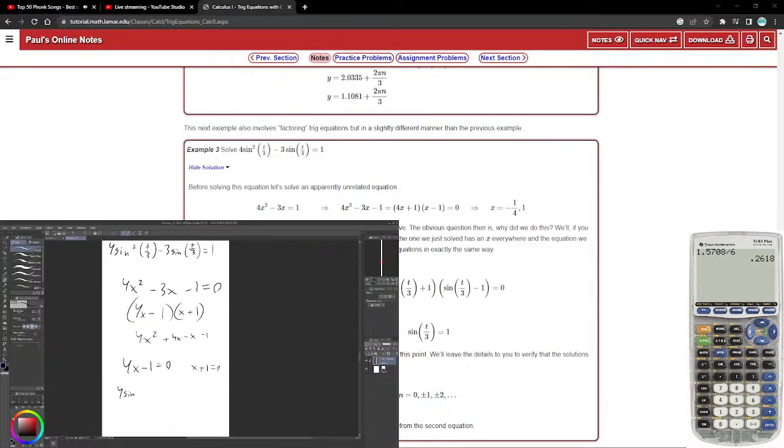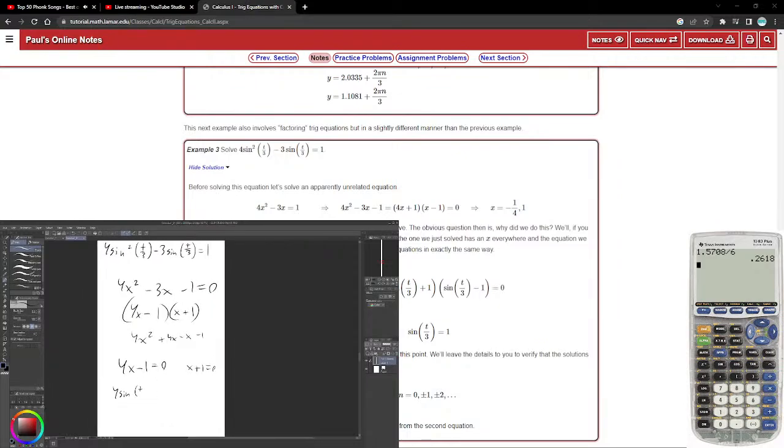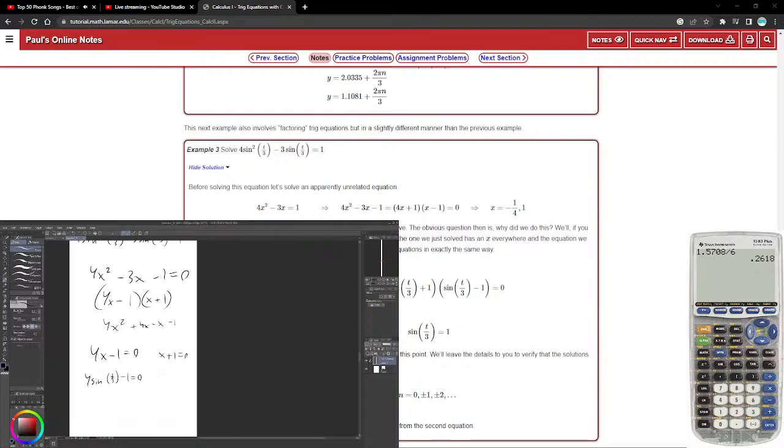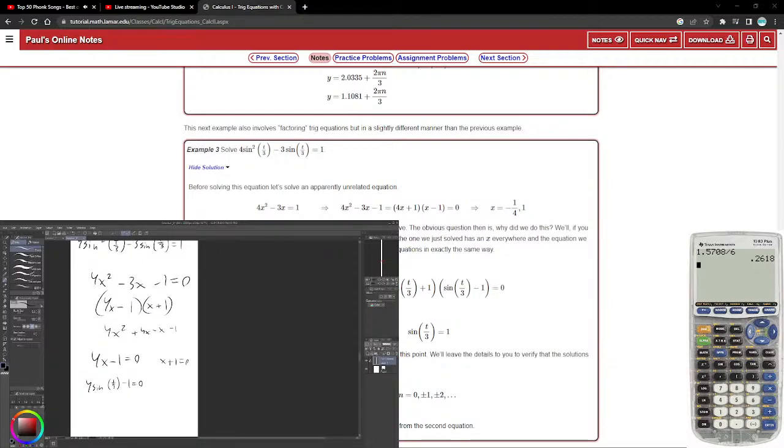4 sine t over 3 minus 1 equals 0. And then sine t over 3 plus 1 equals 0.